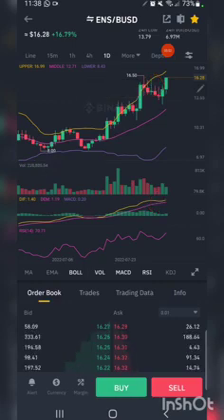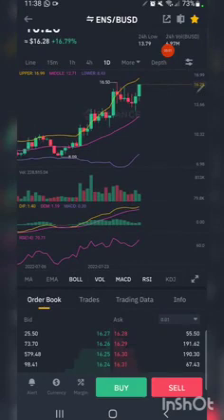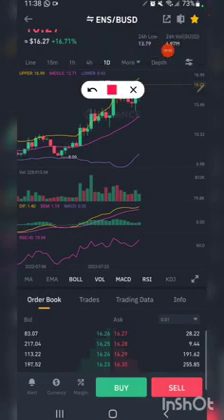Just like we see here, for example, this is the 1-day view. This signal line has crossed this MACD, and it's getting closer to the MACD line.